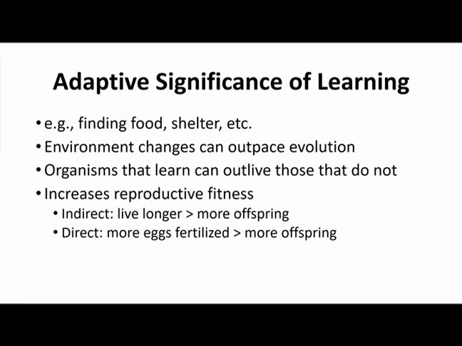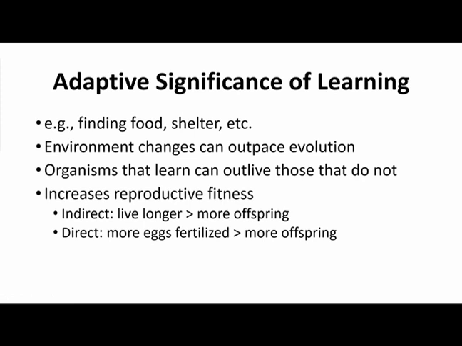And I guess our next question might be, why do we learn? There's adaptive significance to learning. So there's some kind of benefit in terms of fitness when we learn. So we do things that are related to our survival, things like finding food or shelter, finding a mate, interacting with others. All of those can help us survive.